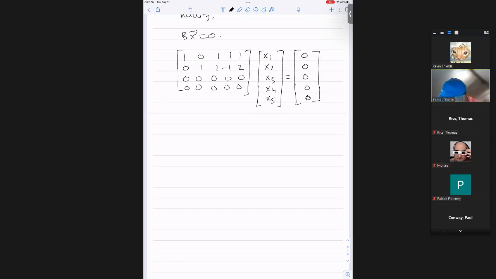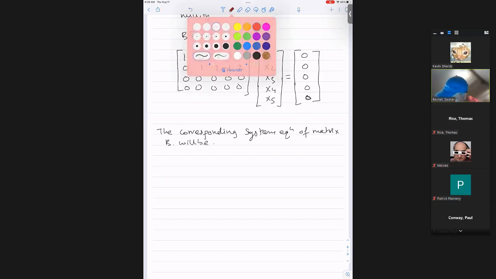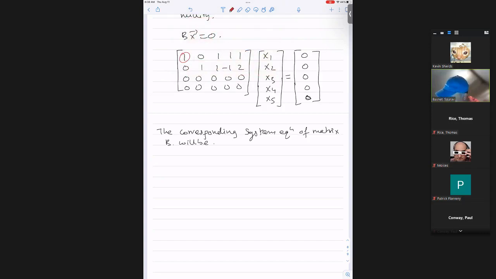So the corresponding system equation of matrix B will be: 1 times x1, 0 times x2, 1 times x3, 1 times x4, 1 times x5.